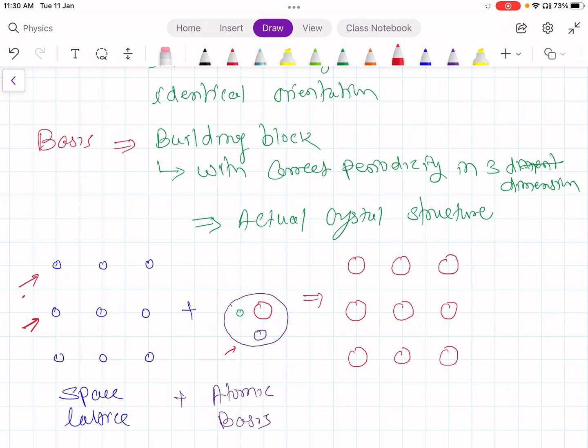Similarly, there is one slightly greenish atom at this position, and then another color atom at this position.